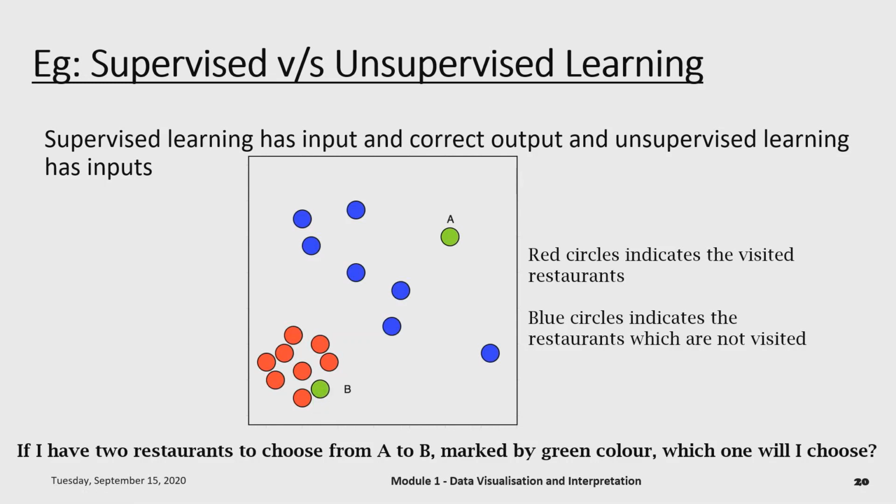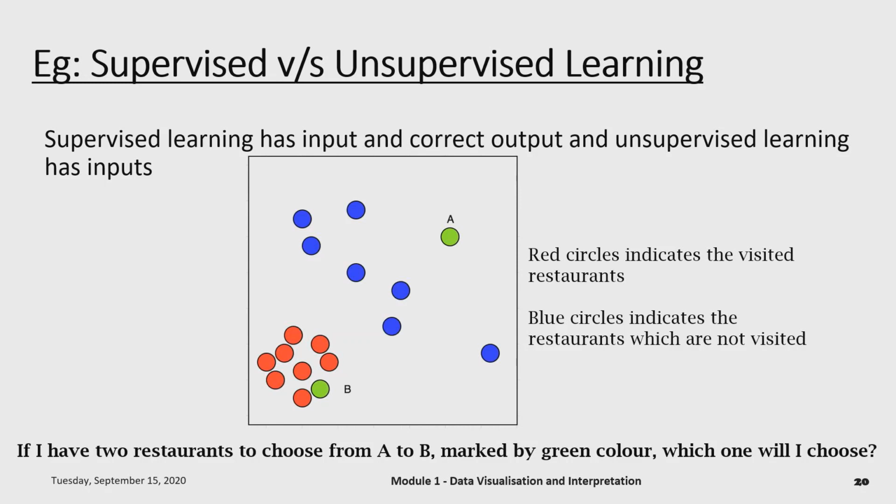So the classified part is between green circles A and B for choosing. Based on what categories? There are two categories made here. The red circles indicate the visited restaurants. That means I'm frequently visiting this restaurant, and blue circles indicate those restaurants which have not been visited yet, right?